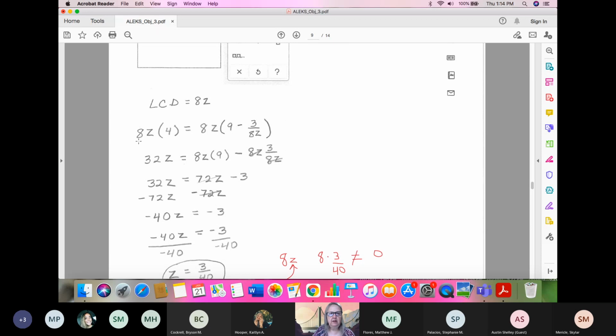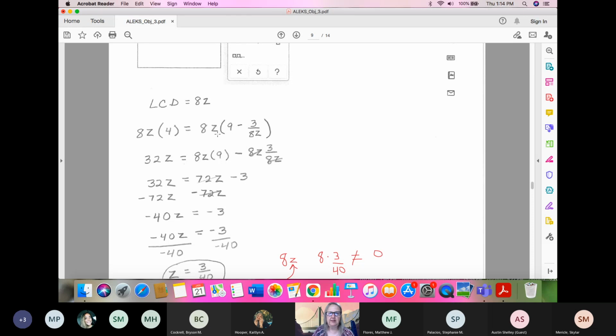So this is 8 times z times 4. So 8 times 4 is 32 times z equals. This is multiplication. Subtraction's adding a negative, so we can distribute here. We take 8z times 9, and then we have a minus sign.